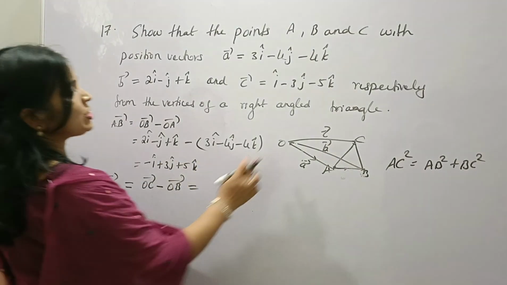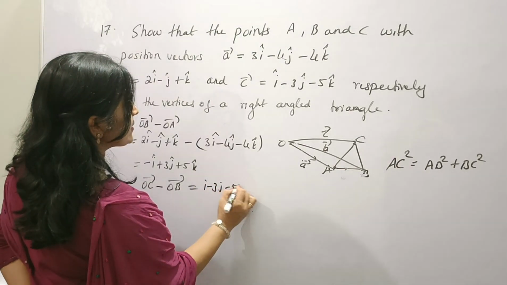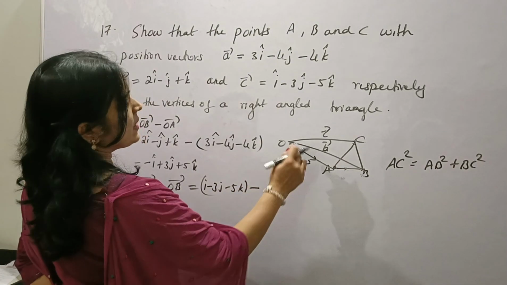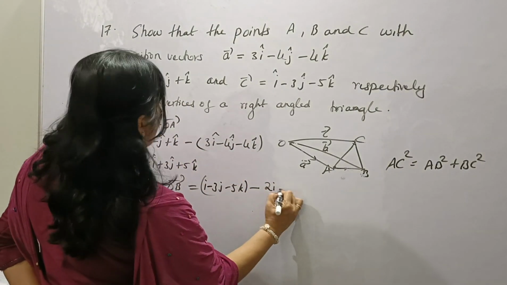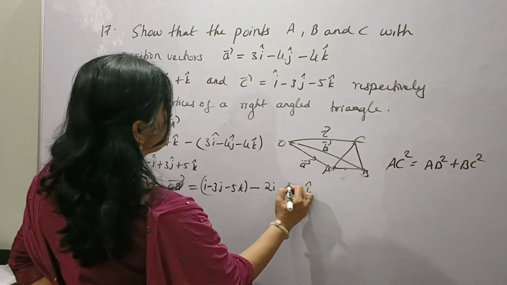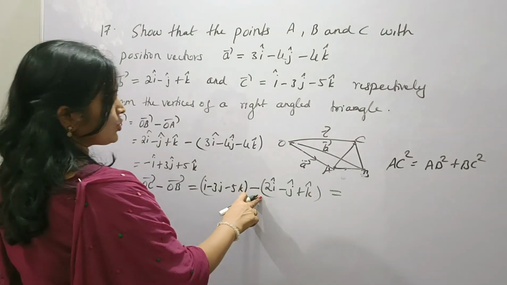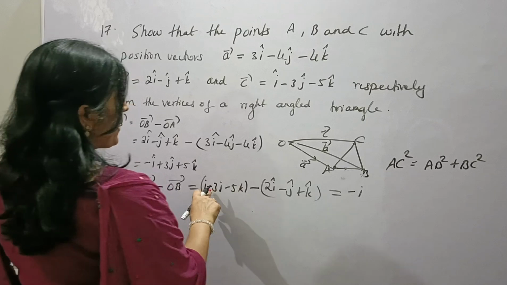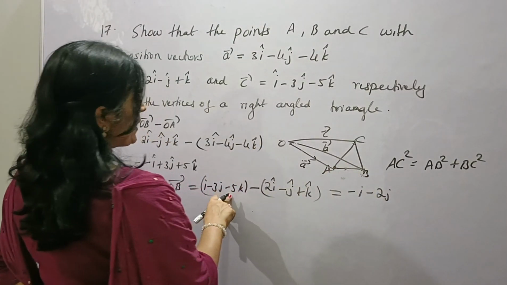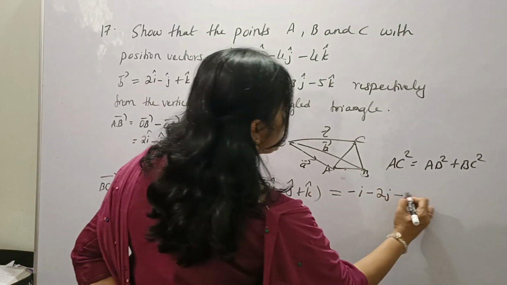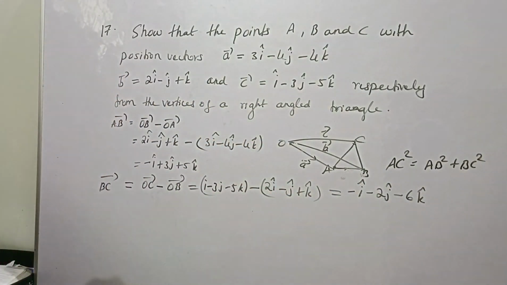What is vector OC? Vector C, that is i minus 3j minus 5k, minus vector OB, that is vector B, 2i minus j plus k. That is equal to 1 minus 2, minus i, minus 3 plus 1, minus 2j, 5 minus 1, minus 6k. So it is vector BC.